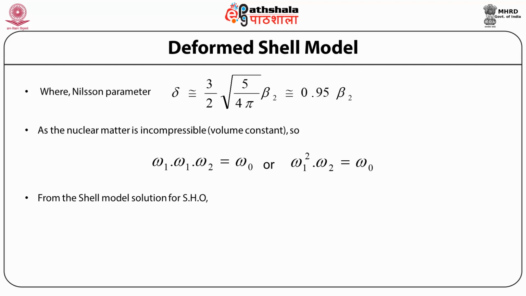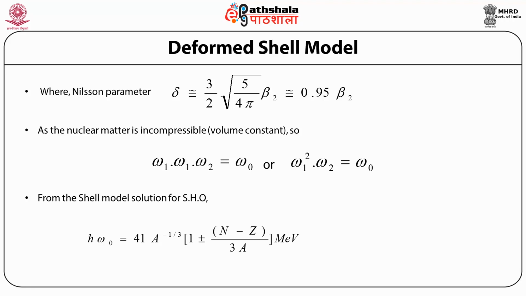From the shell model solution of simple harmonic oscillator, shell model solution means for a spherical nucleus, h bar omega 0 is equal to 41 A to the power minus 1 by 3 bracket 1 plus or minus (N minus Z) upon 3A bracket close, in terms of MeV. So these are the results that we obtained for the spherical shell model.